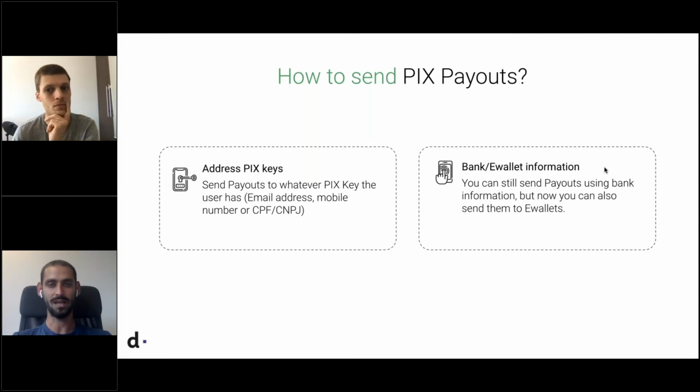So the idea is you just collect one of those and send the PIX payment. The other alternative is collecting the bank or e-wallet information: what is the institution, the bank or the wallet, what is the branch, and what is the account number. Using the PIX system, you just input those details, similarly to how you collect them for a regular payout, and the user will get the funds credited into that account.